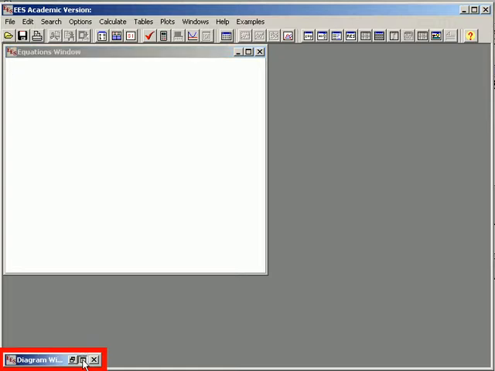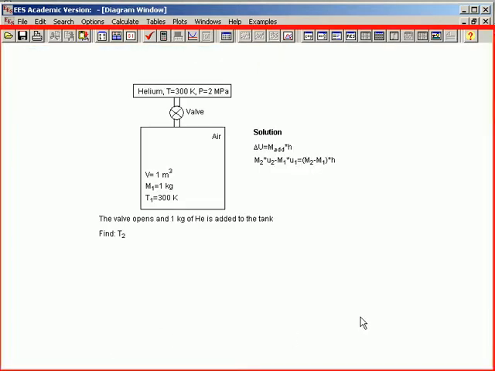The diagram window here is another feature of EES that you can draw pictures and the like in. The sample problem that I want to look at is fairly straightforward. It involves a tank here, which is initially full of air. The tank volume is 1 cubic meter.